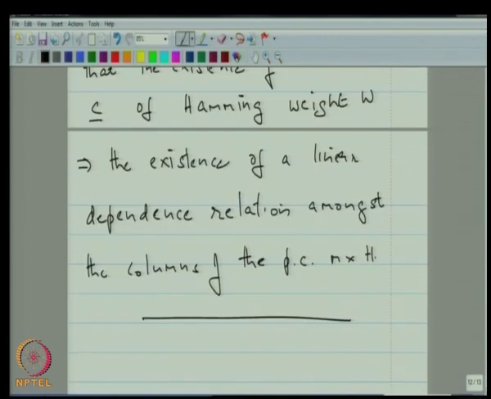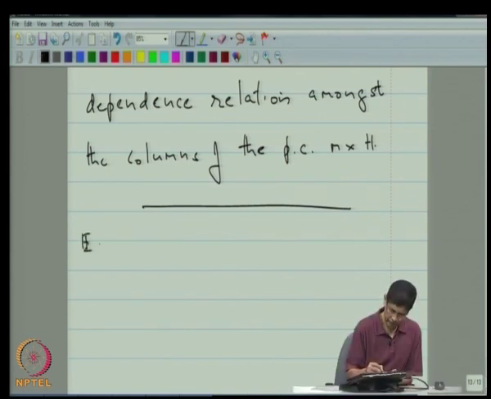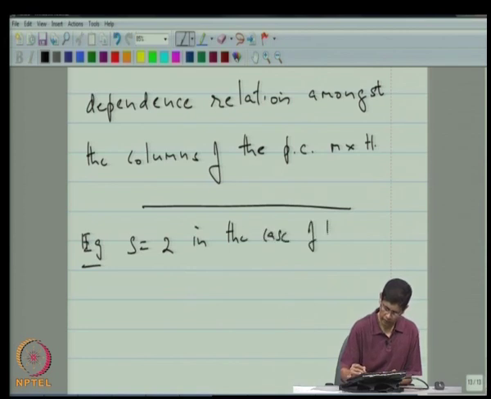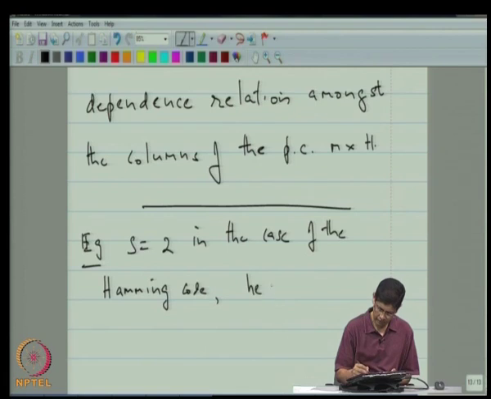All right. So, S is equal to 2 in the case of the Hamming code, hence d min equals 3.